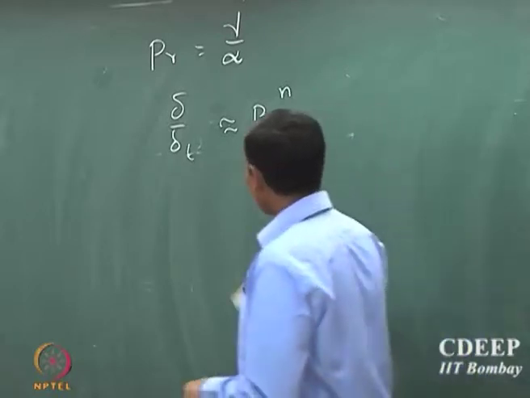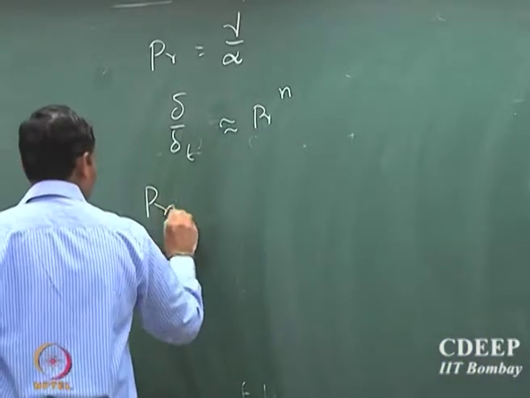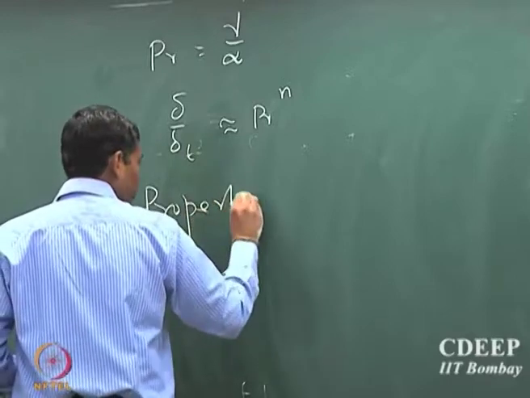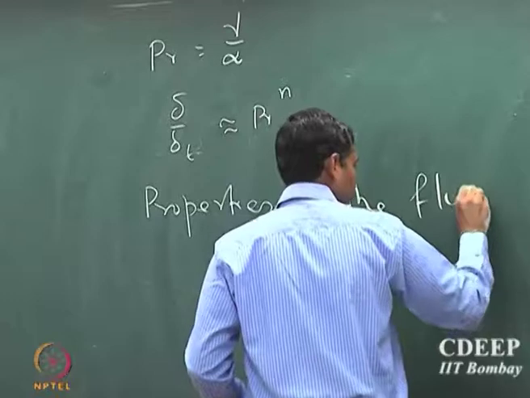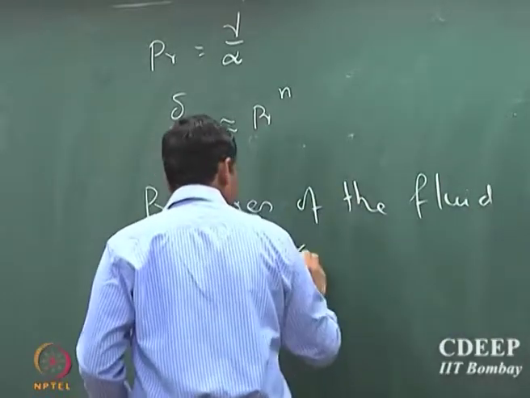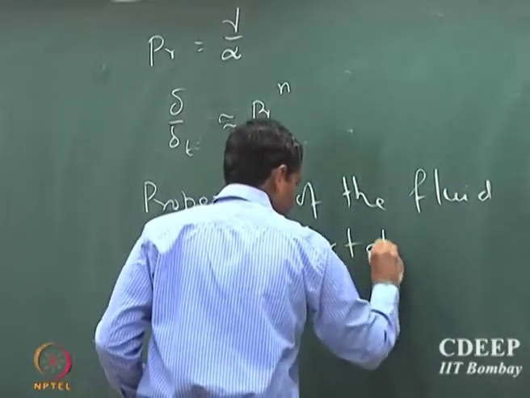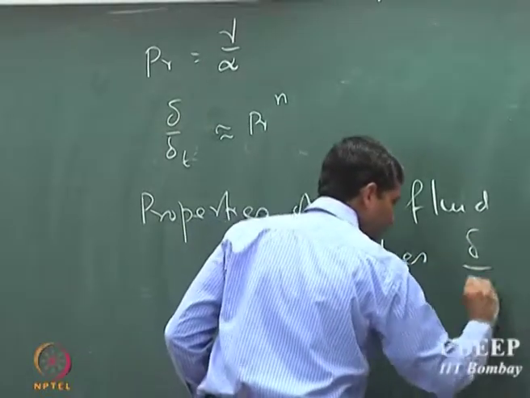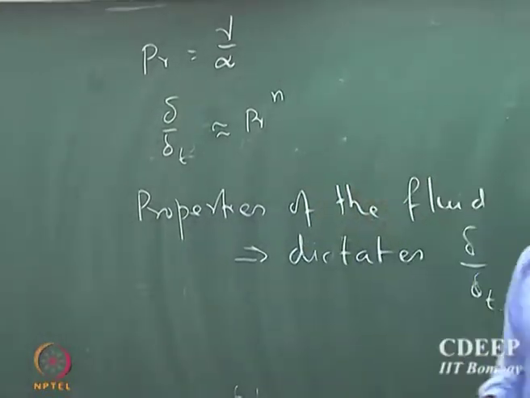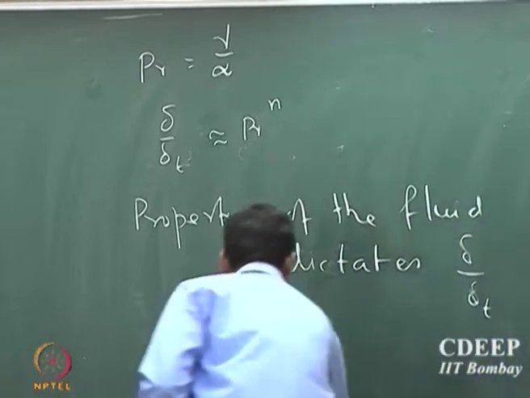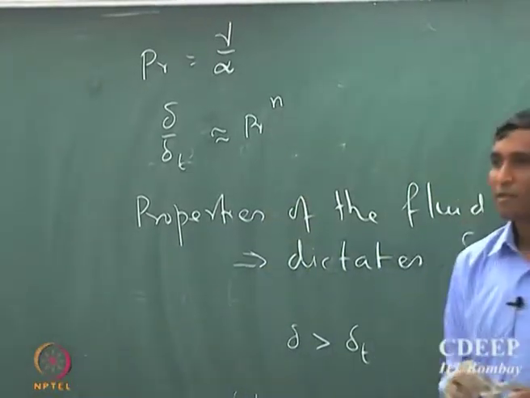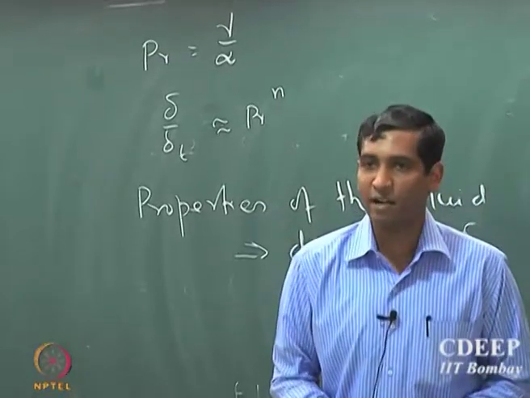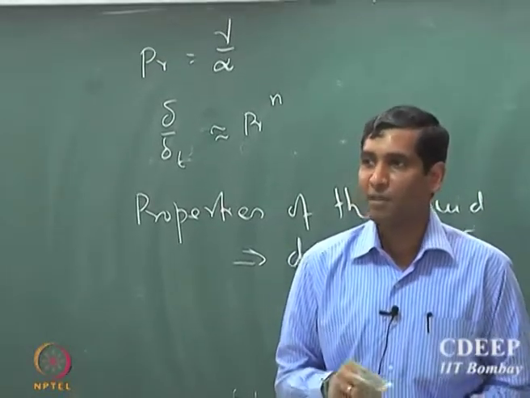So the properties of the fluid dictate delta by delta t, right. So suppose delta is greater than delta t, what will be the nature of the Prandtl number?